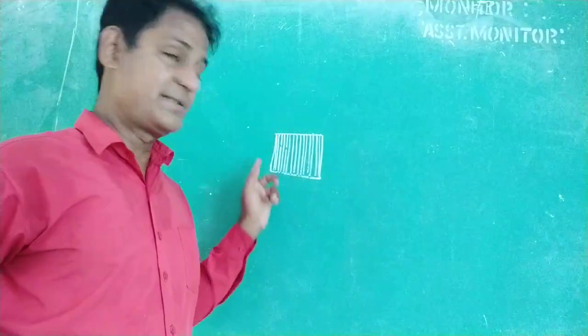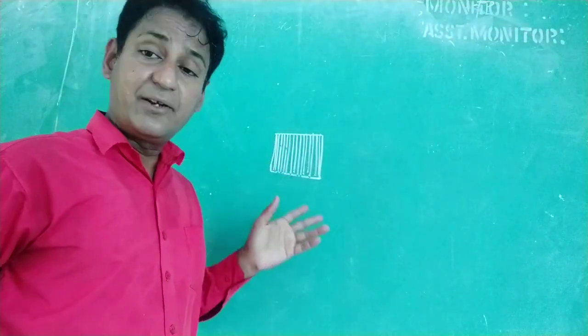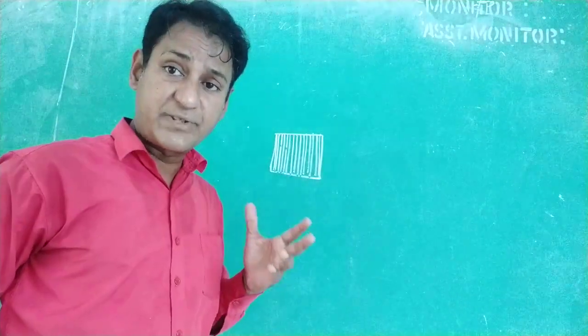This is what we call the grating element. Now we can draw even 6,000 lines per centimeter using a diamond cutter or a diamond pointer, right?